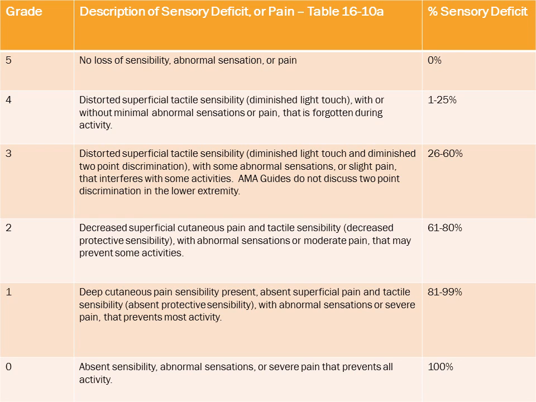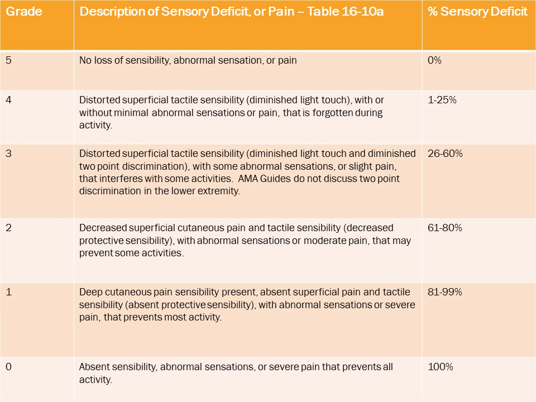Just a couple of final comments about Table 16-10A, at least as relates to the lower extremity, and that is that for a grade 3 with a 26 to 60% sensory deficit, Table 16-10A describes some loss of 2-point discrimination, and actually we don't test for 2-point discrimination in the lower extremity, so that portion of the definition of a grade 3 sensory deficit does not apply in the lower extremity.